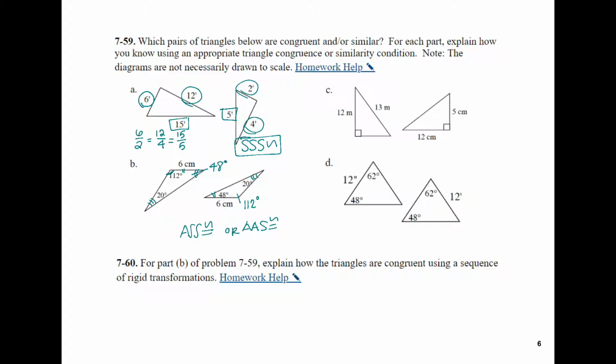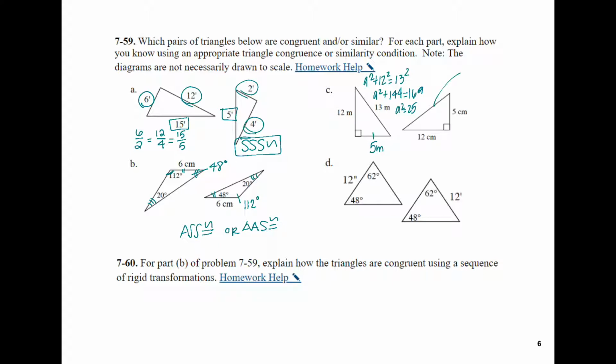Looking at example C, I'm working with two right triangles and I want to find the missing sides, so I'm going to use the Pythagorean theorem. a squared plus 12 squared equals 13 squared. a squared plus 144 equals 169. When I subtract, I get a squared equals 25, and I get my missing side to be 5 meters.